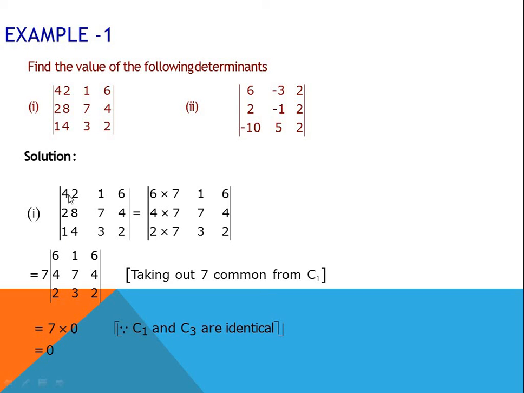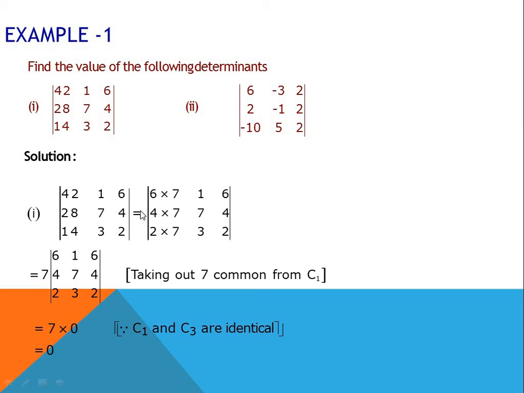The first column consists of elements 42, 28 and 14. 42 can be written as 6 into 7, 28 as 4 into 7 and 14 as 2 into 7. So in this case, 7 is common in the first column. So you need to identify if something comes out as common from any of the rows or columns. Here, 7 comes out as a common element from all the elements of the first column. So that has to be taken out of the determinant.